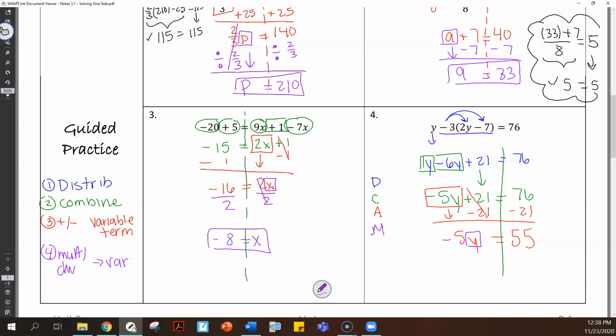Y is not currently by itself, so I need to get rid of that negative 5. Right now, this is negative 5 times y. So I want to undo that by dividing by negative 5 on both sides. My negative 5s are going to reduce to 1, leaving just my y. 55 divided by negative 5 is negative 11. And I am finished there.